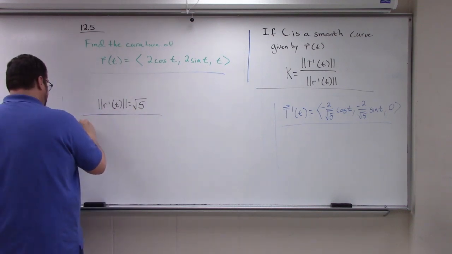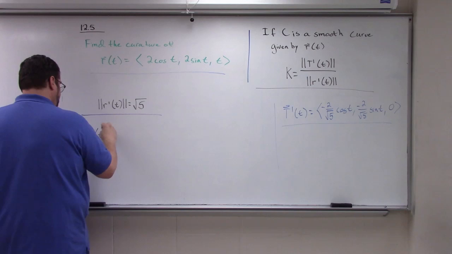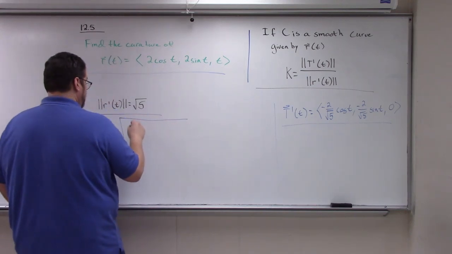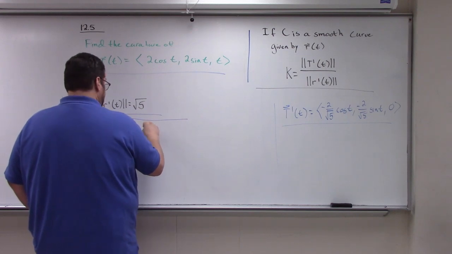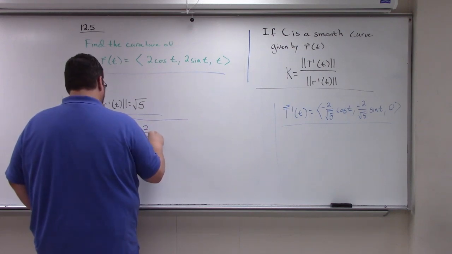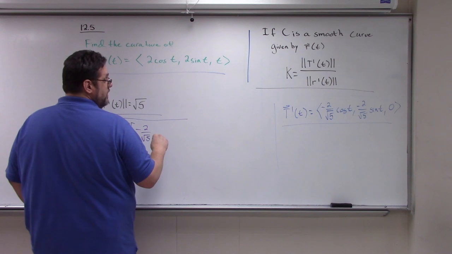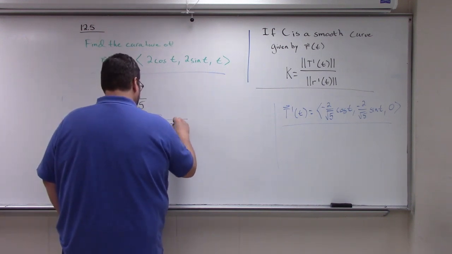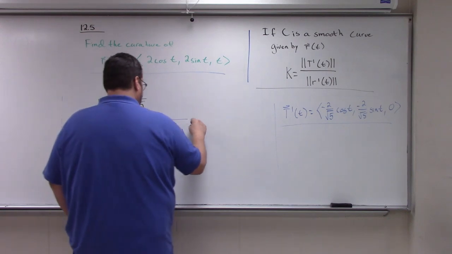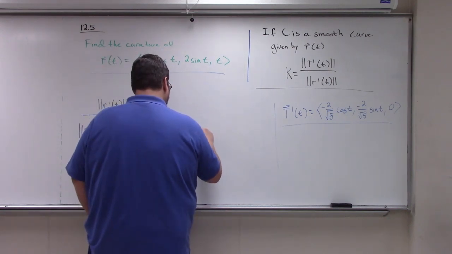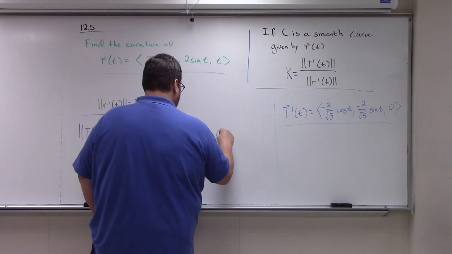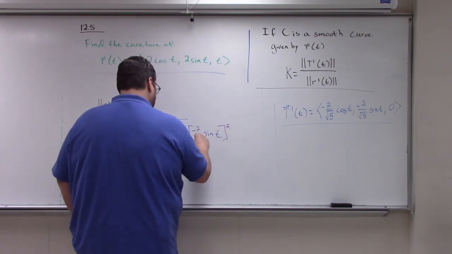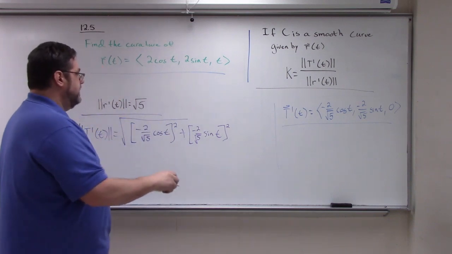All right. Magnitude of T prime of t is going to be the square root of negative 2 over the square root of 5 cosine of t squared plus negative 2 over the square root of 5 sine of t squared, plus 0 squared.